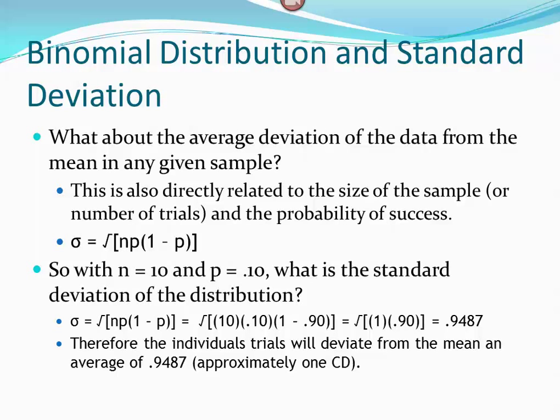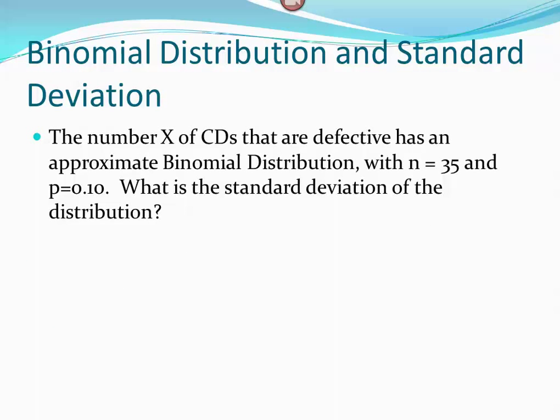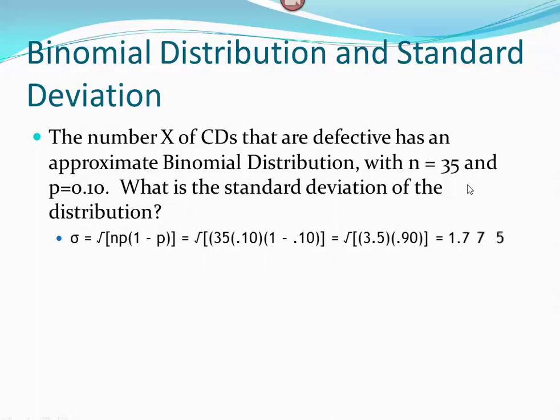So sometimes we will see 0, and then other times we may see 2 of those. But that's going to deviate around 1 by about 1 CD on average. So it's just giving us an idea of over time what we could expect to see with our number of successes.